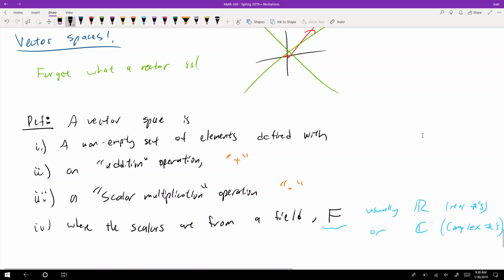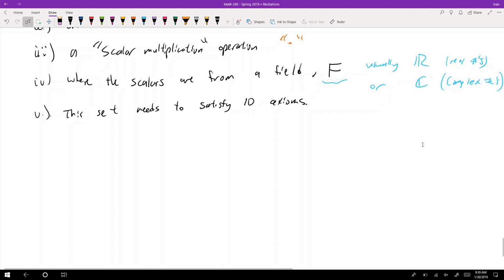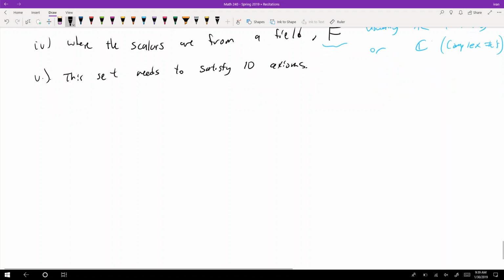And this set needs to satisfy 10 axioms. And oh boy, I don't think I remember all 10. There's 2 of them that are really important.